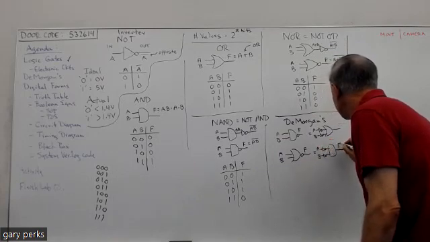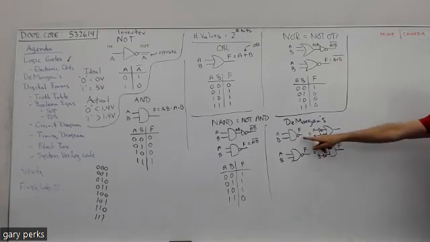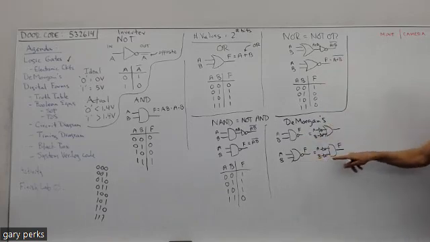So I just wrote in symbols what's on that reference in Boolean algebra. A NAND is equal to an OR with inverted inputs, and a NOR is equal to an AND with inverted inputs.